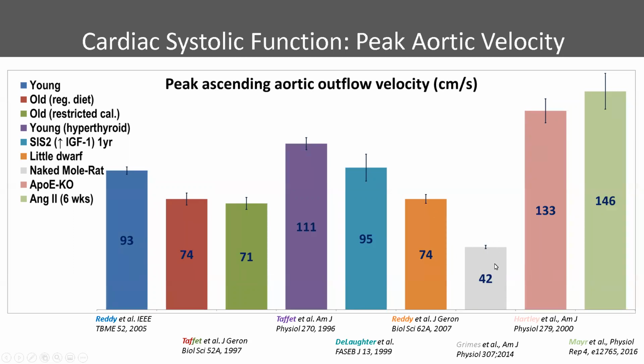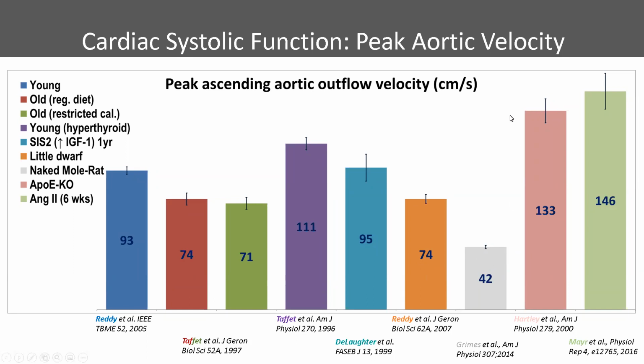Similarly, the naked mole rat lives about 30 years, and it has diminished systolic function at a young age, which is considered to be around 2 years, and maintains that throughout its lifespan.